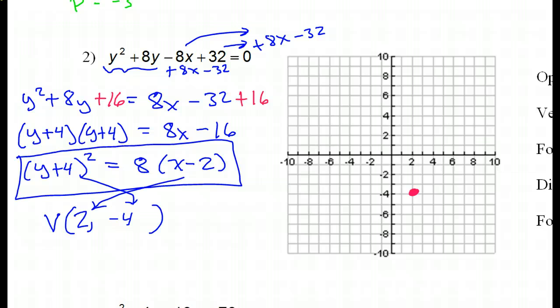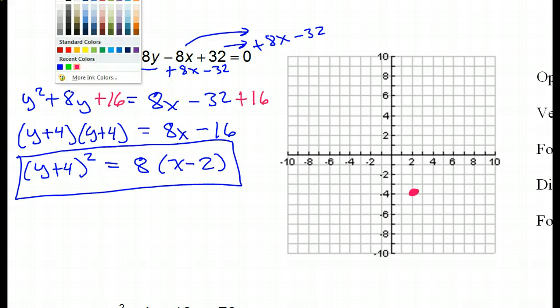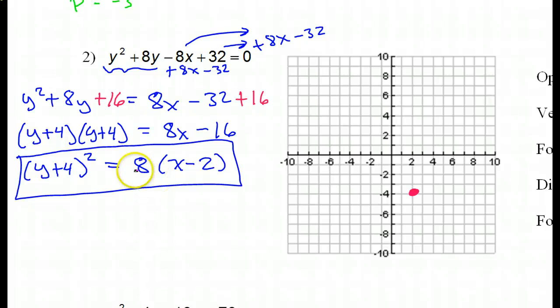Alright, let's talk focus. Alright, to get the focus, we need that p value. And you see the 8, so 4p is going to equal 8. Alright, that means that p is going to equal 2.